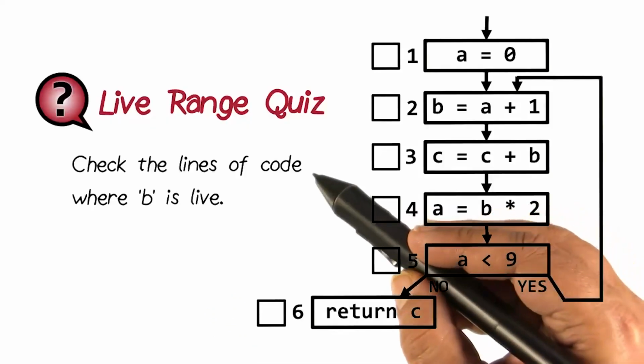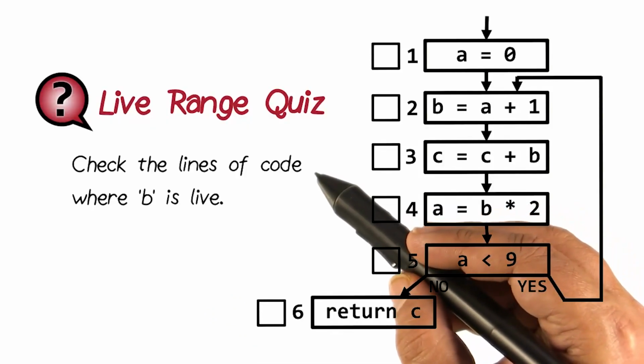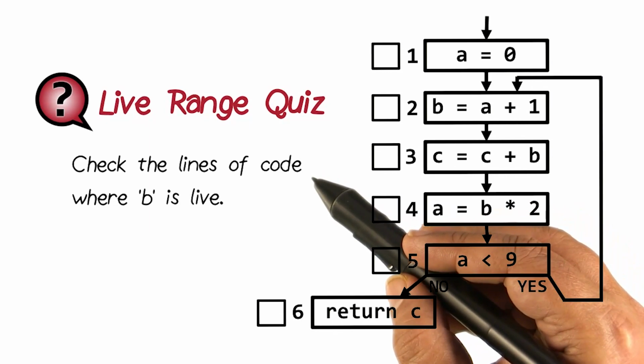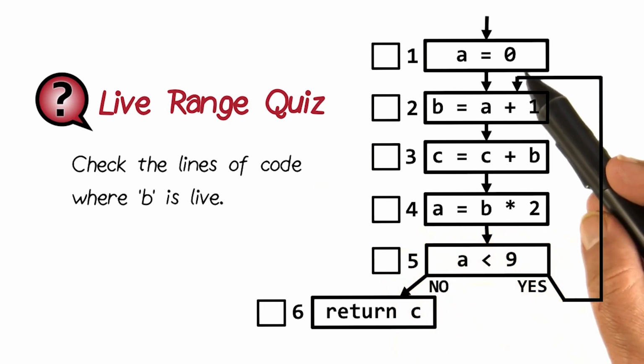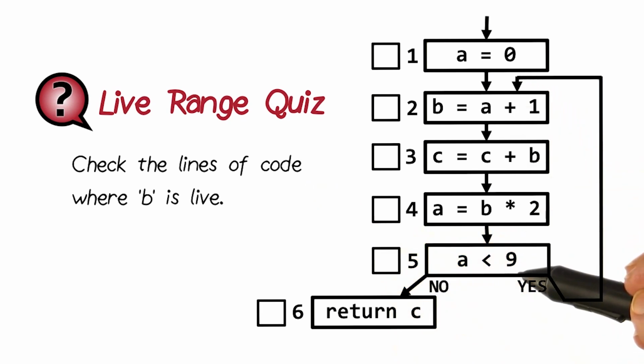So now, having seen the definition of liveness, what is it again? A variable is live at a given program point if it has some assumed value before that program point, and that value in that variable is being used after the program point. Then the variable is defined as live at that program point. So using this definition, let us apply this knowledge to the simple code excerpt here, and we would like you to identify the lines where B is live.